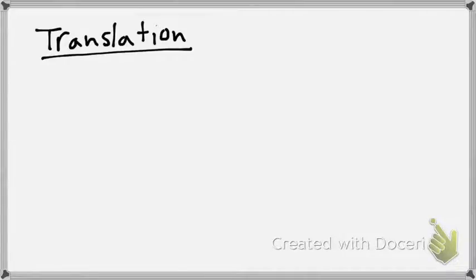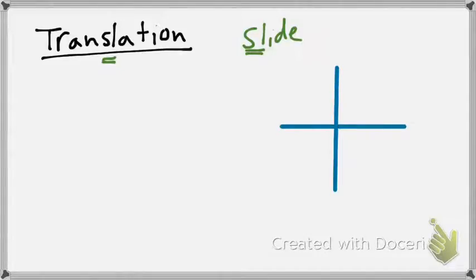A translation is when we slide a figure or a point. What that means is we'll move it either left and right, up and down, or more than one direction. It could be along a diagonal line. So an example would be if we were to have this coordinate grid. Let's say we had this right triangle.